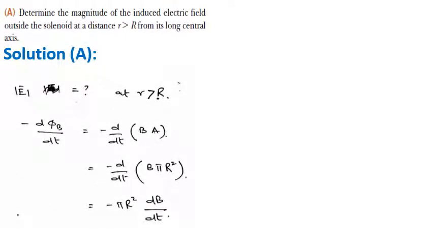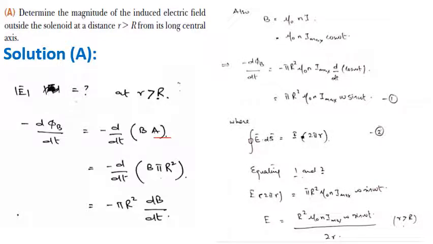So the magnitude of E at r greater than capital R is, as we have seen in the article, minus d phi B over dt equals minus d over dt of BA, and here area is pi r squared. So I have replaced the area, and this equals minus pi r squared dB by dt. Also, we know that B equals mu naught n I, and the value of I is given in the problem, which is I maximum cos of omega t.